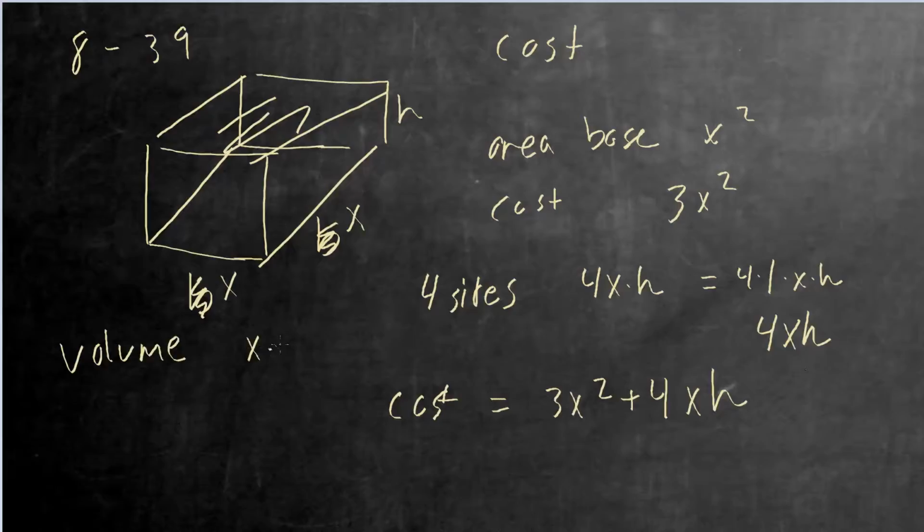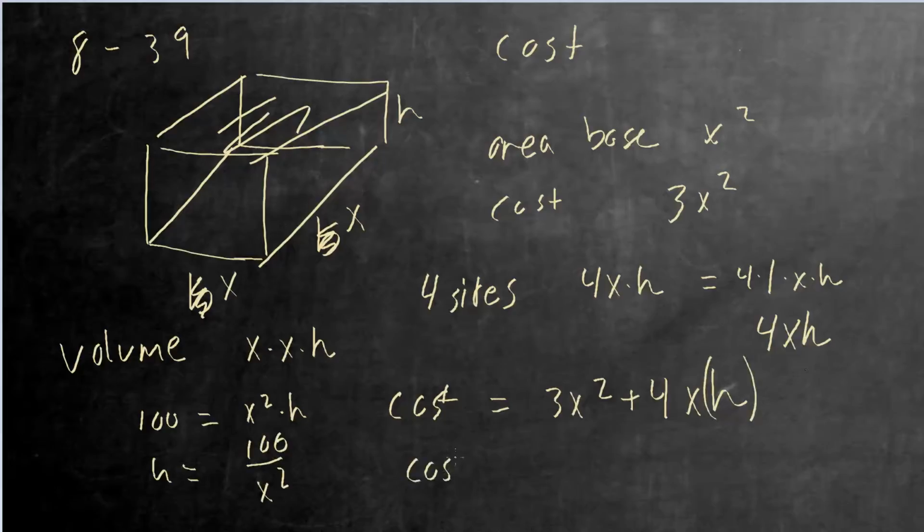Volume is x squared times h, and its volume has to be 100, so 100 equals x squared h. So h equals 100 divided by x squared. Substitute that here. My cost is going to be 3x squared plus 4x times 100 over x squared. And I wouldn't get hung up trying to simplify that.